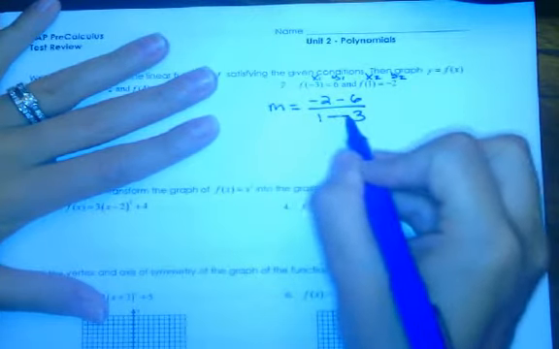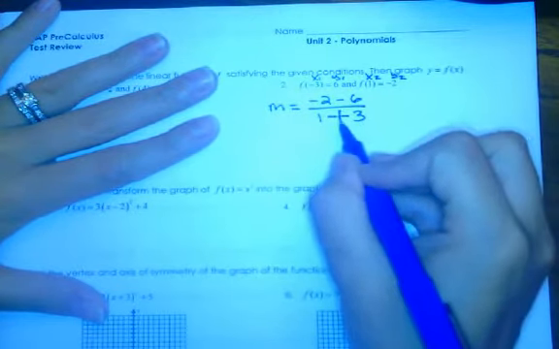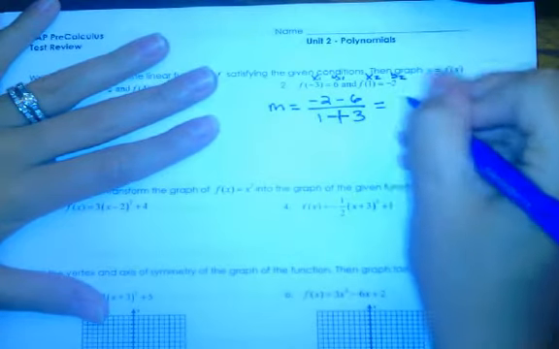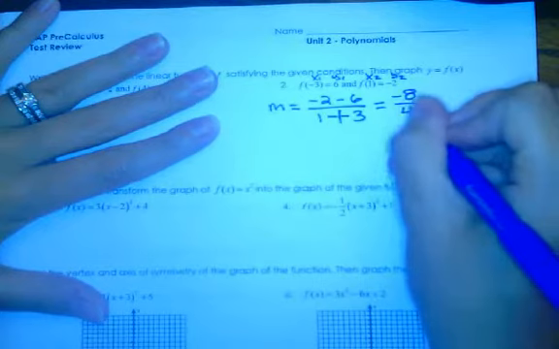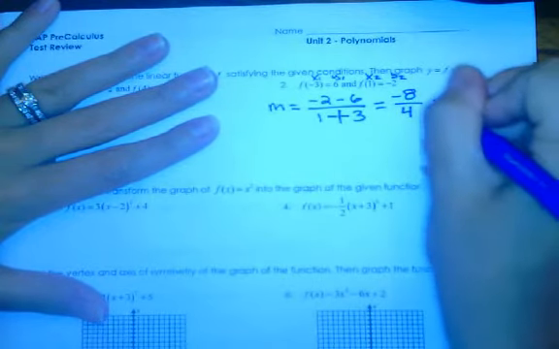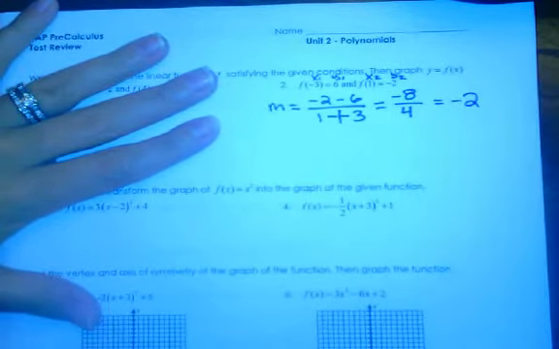So that's minus a negative, so that turns to a plus. And so this tells me that my slope, I get negative 8 over 4. And that gives me a slope of negative 2.